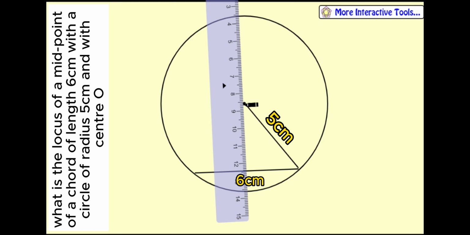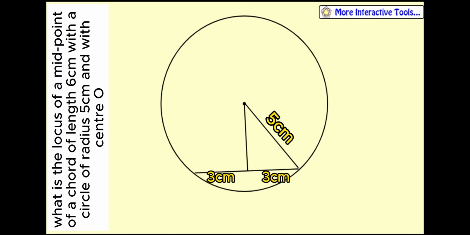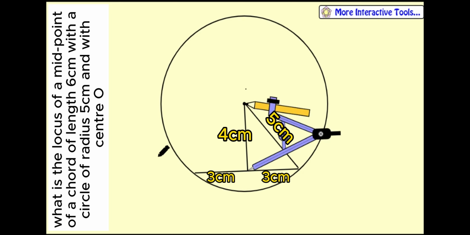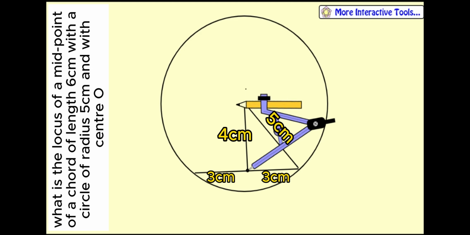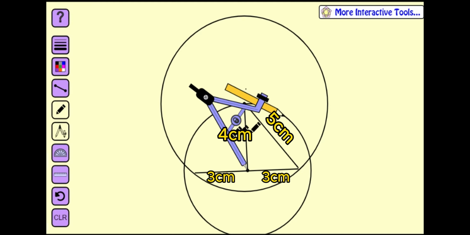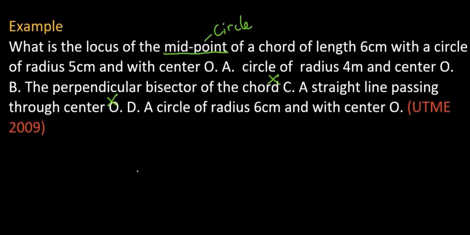By using Pythagoras, it gives a right angle triangle. The distance from the center of the circle to the midpoint of the chord is 4 centimeter by Pythagoras rule. So you have hypotenuse 5, and the other two sides 4 and 3. So the locus of the midpoint of the chord from the center of the circle gives a circle of radius 4 centimeter. Option A.